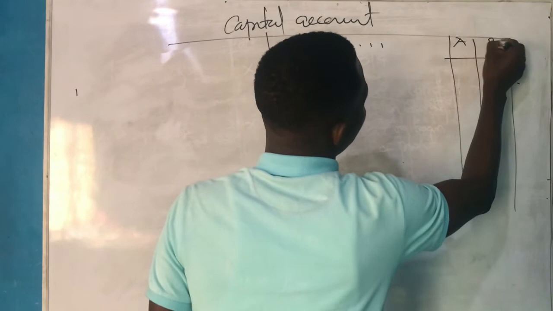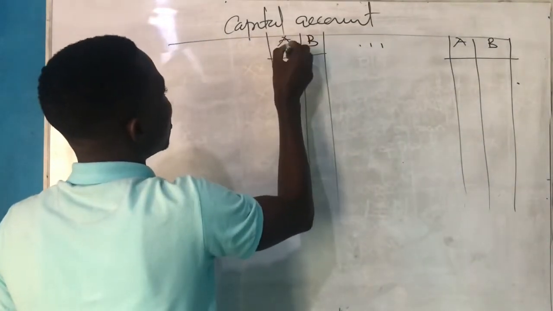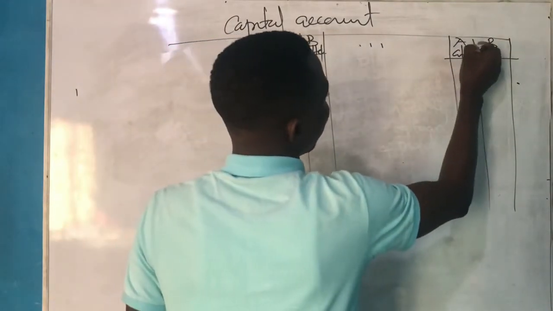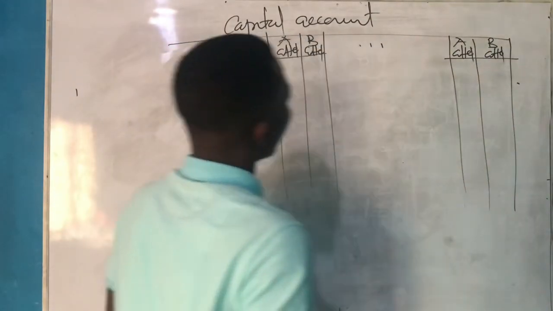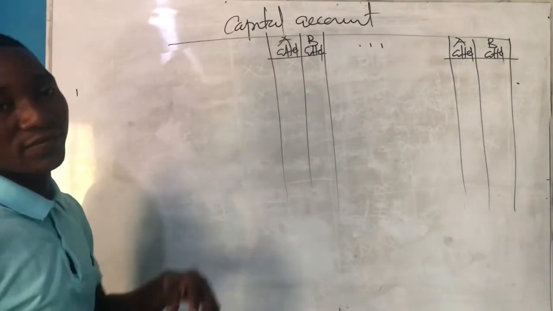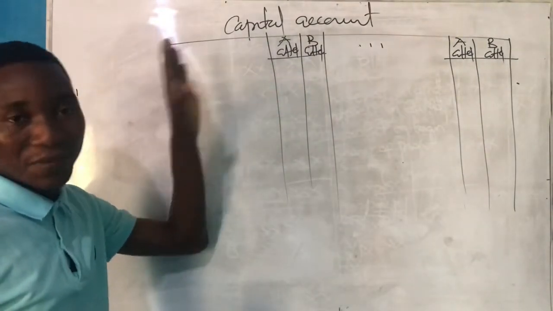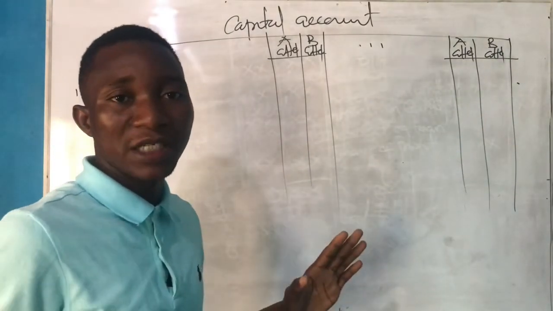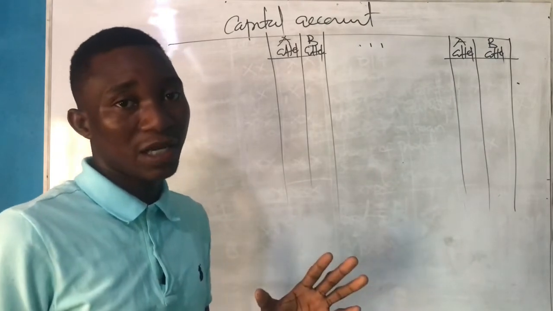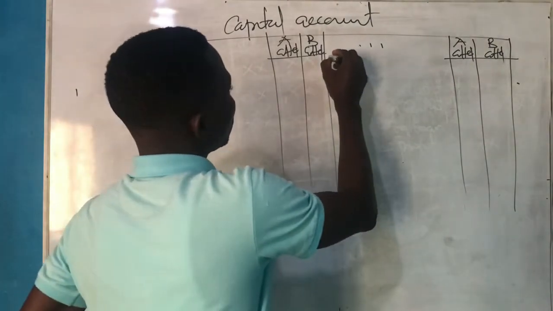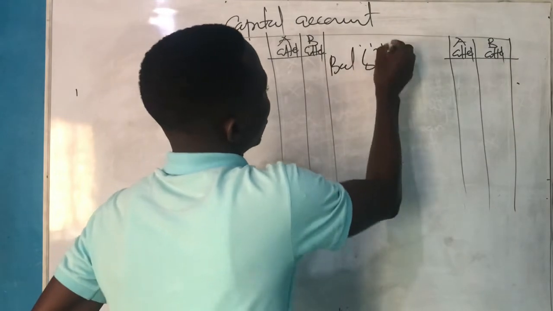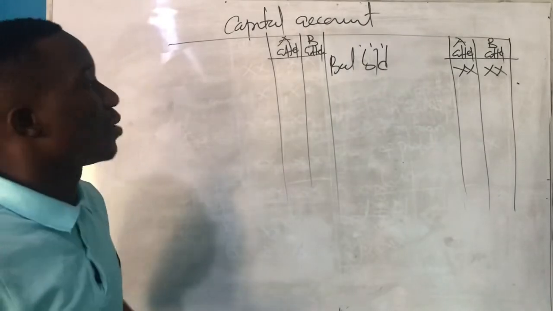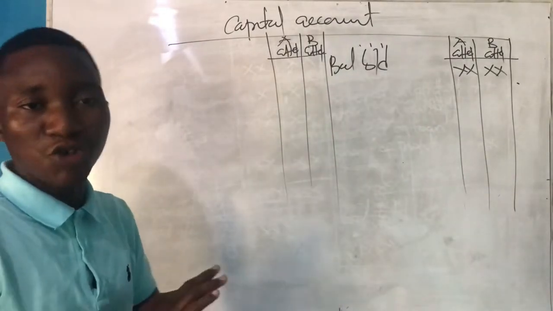We assume A and B. Okay, so what we are saying is that when we are operating a fixed capital account, at the close of the period, there shouldn't be changes in the initial capital being introduced. So we have the balance brought down. So we expect that at the close of the period, it should be the same. There shouldn't be any changes.